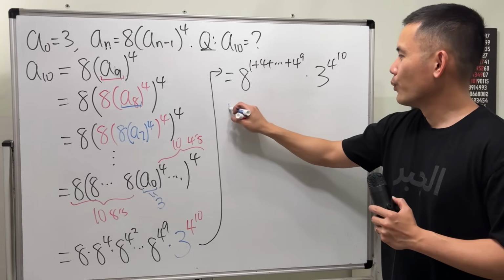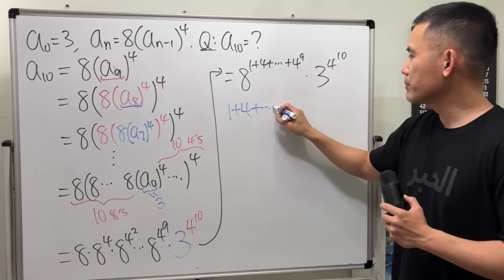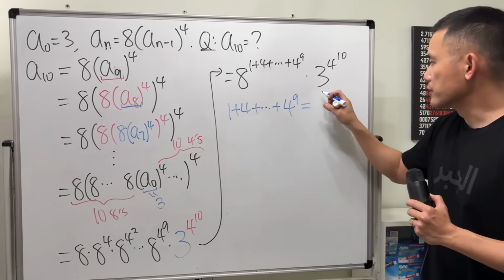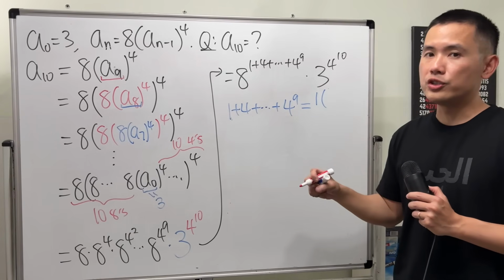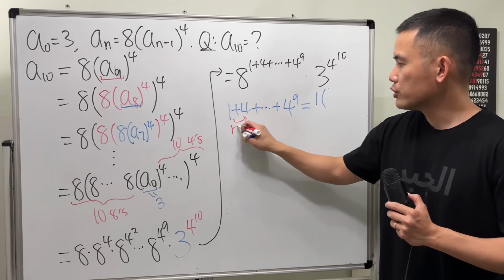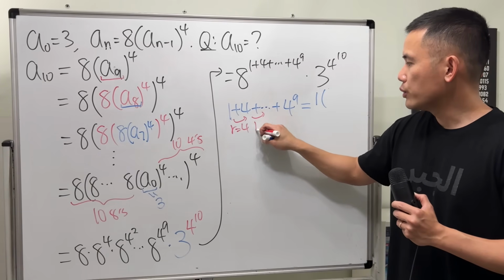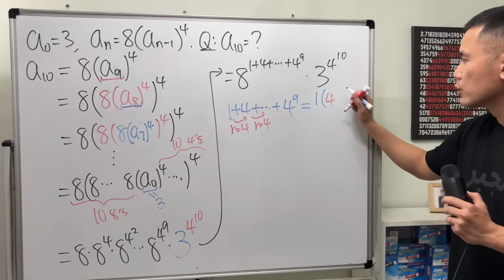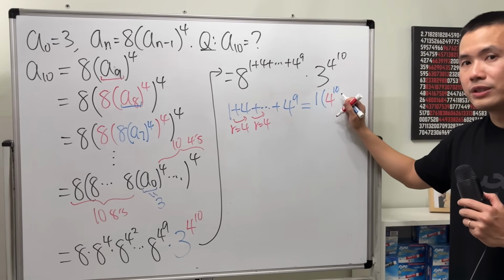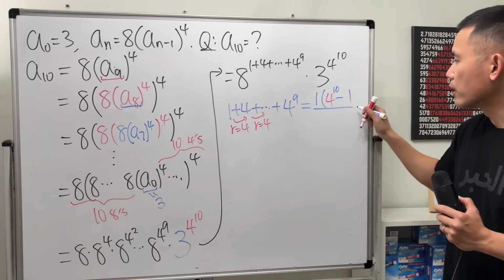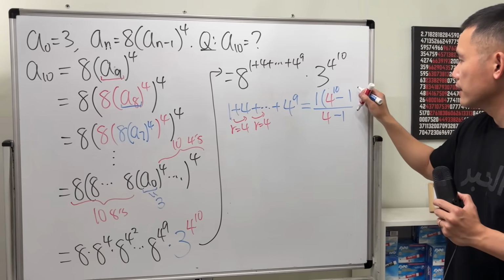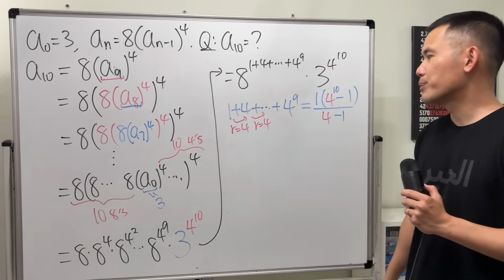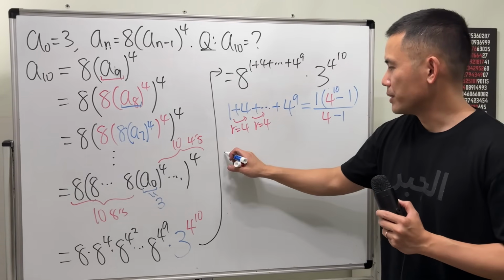So for this, 1 plus 4 plus up to 4 to the 9th power, we start with the first term, and then we multiply by the common ratio. Because every time we're just multiplying by 4, the common ratio is just equal to 4. And here we have the nice power, so it goes up by 1, so you put a 10, and then minus 1 over the common ratio minus 1. That's the formula. To see why this is the case, you can check out another video for the proof.